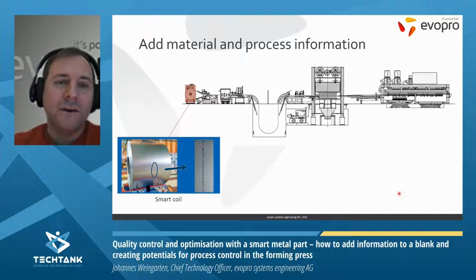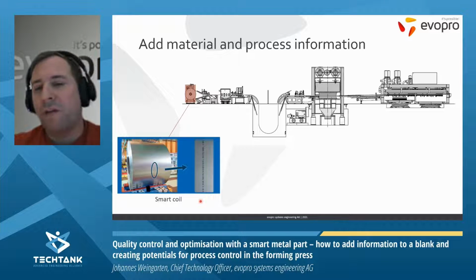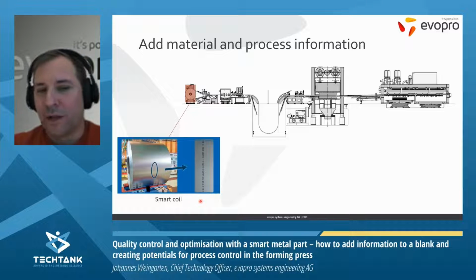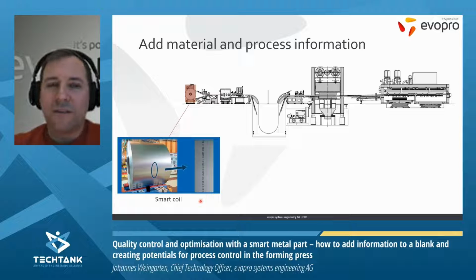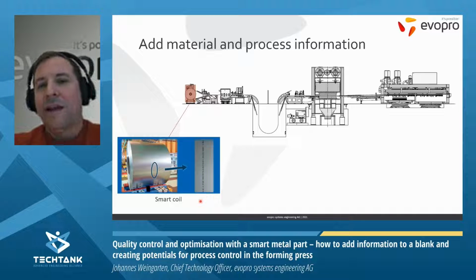And on this coil, there is a barcode every meter, for example, and by reading out the barcode and then having some cloud interface, for example, to the coil vendor, you can get a lot of different measurement values from the coil. So, for example, it's the mechanical properties, the strip thickness, the roughness.